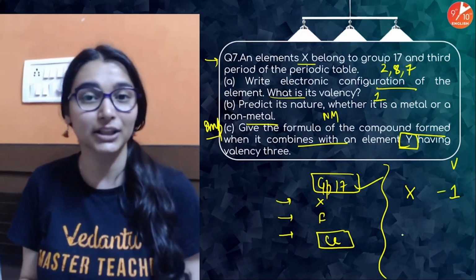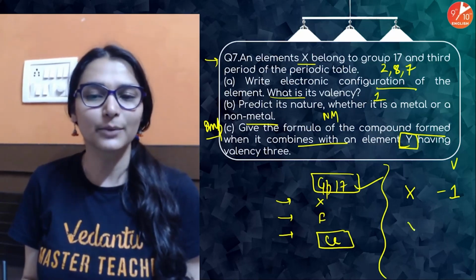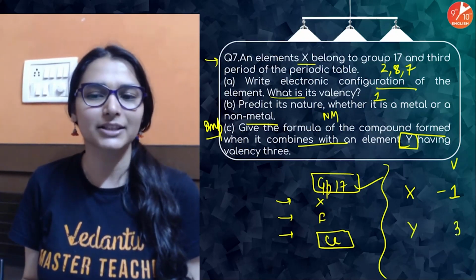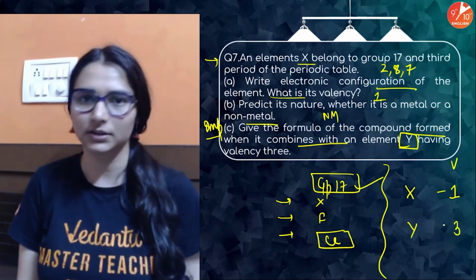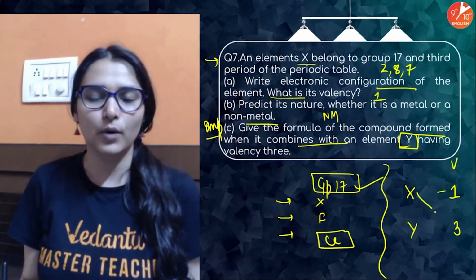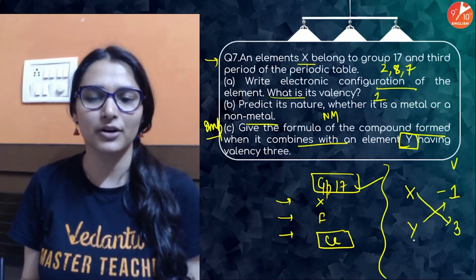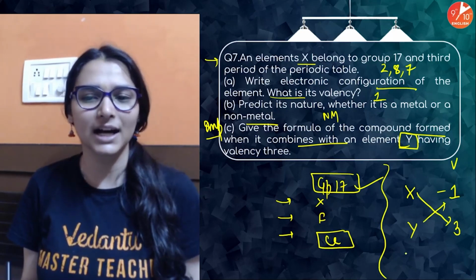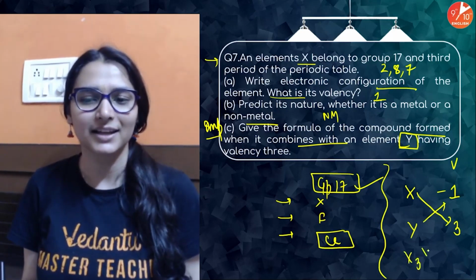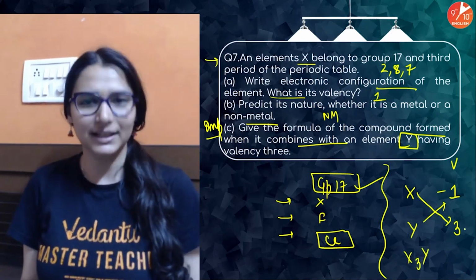Negative valency ही negative charge दिखाएगा. Then element Y has a valency of 3. Okay, I believe it would be a metal, let's say. Now what we have to do? Criss-cross. बना सकते हो. What would be the formula? X3Y. जरूरी नहीं होता, it would be a metal only, है ना.